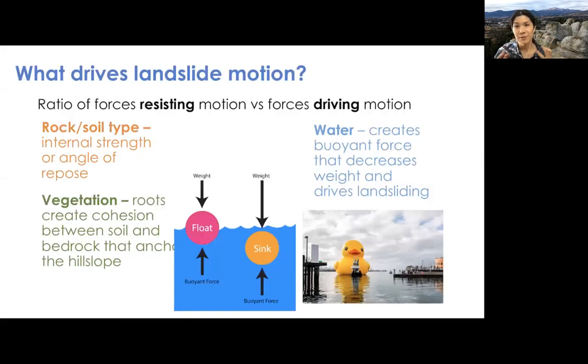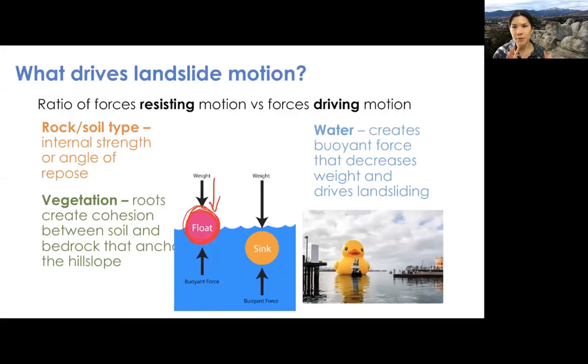They may not actually float, but they may be effectively lighter, right? So just to recap on the buoyant forces, if you have a grain or some material that is in water, you have the gravitational pull that's based on the mass and the density of that material, and that pulls it down.